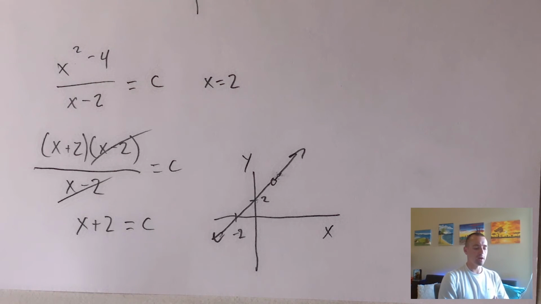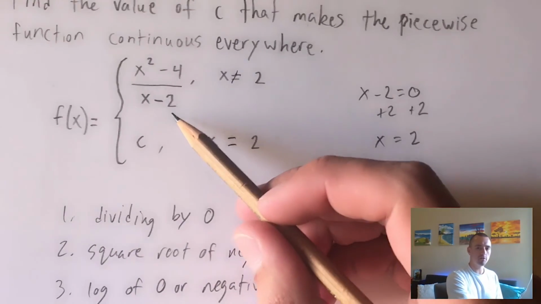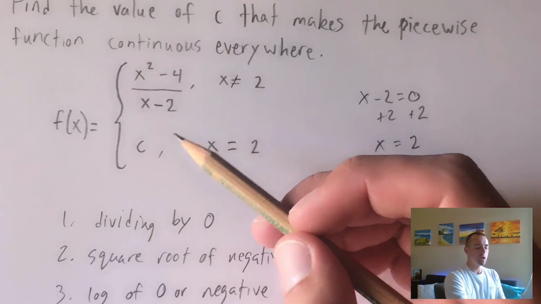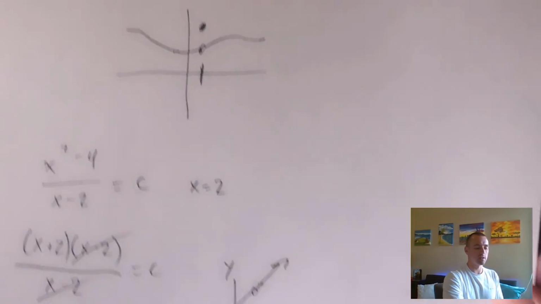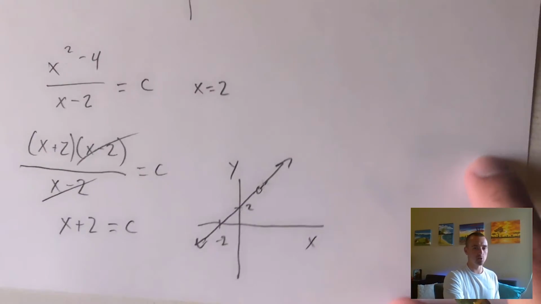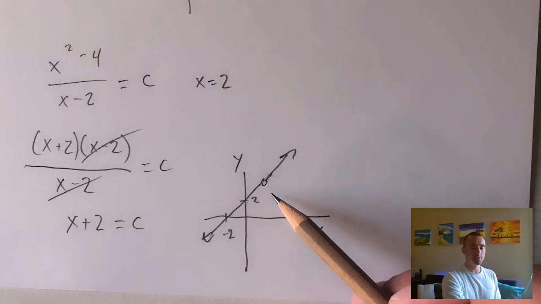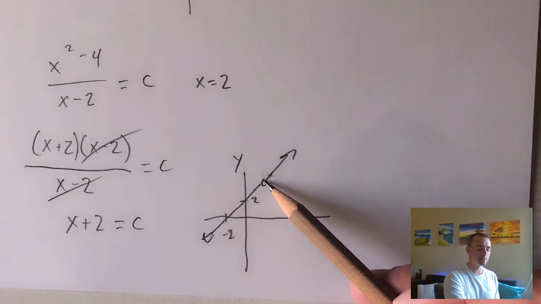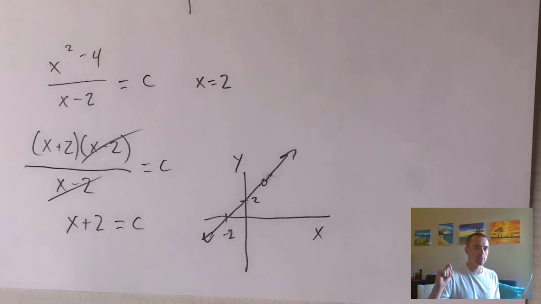So obviously this part of our piecewise function is discontinuous at x equals 2. But we know that it's a hole discontinuity. In other words, it's a discontinuity that's formed by creating some continuous function and then just taking one little point out of it and making a hole there.